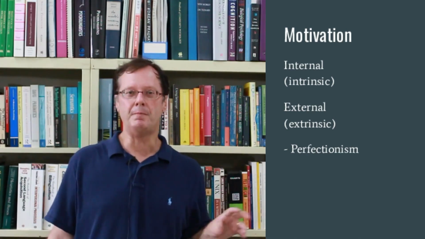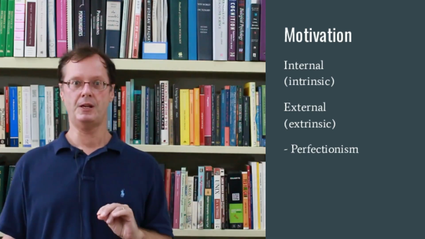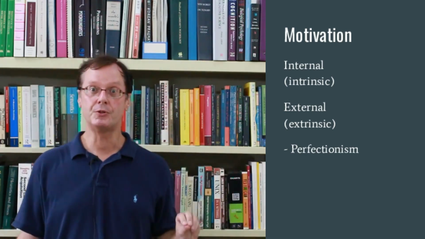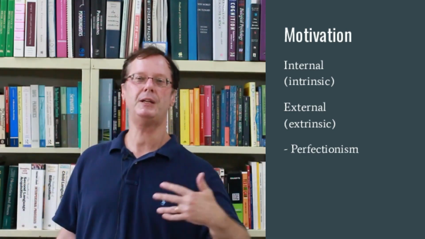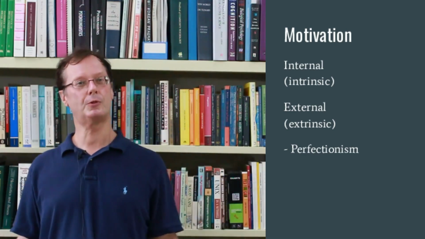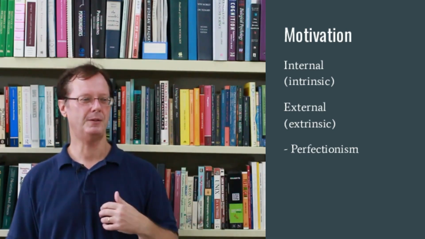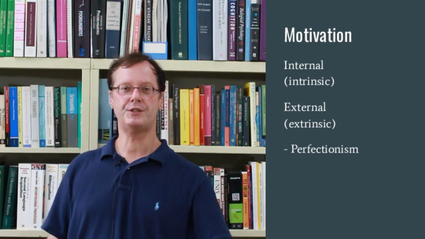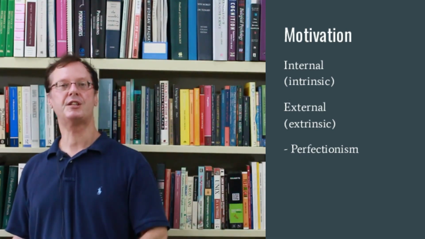A particularly nasty kind of extrinsic motivation is what we call perfectionism. People often think perfectionism is a good thing, but it's not. It might seem to push you and make you do well in school for a while. You could have a mixed, maybe positive motivation toward most of your classes, but when it comes to grades, you can have a perfectionistic motivation.